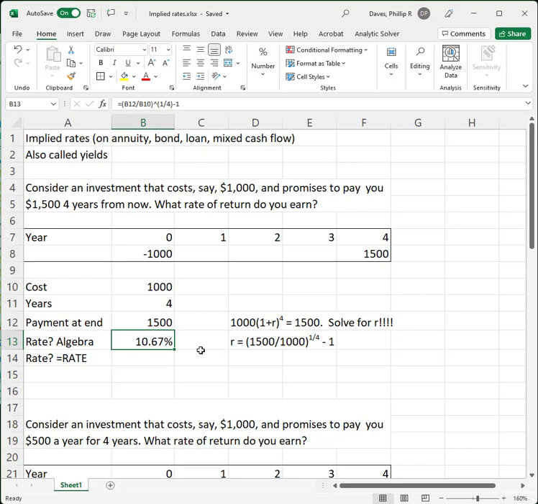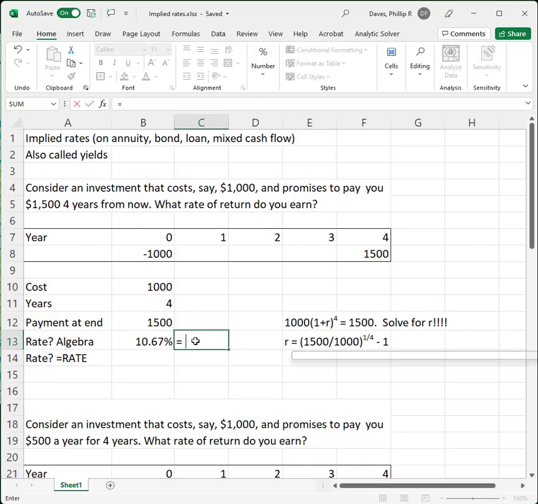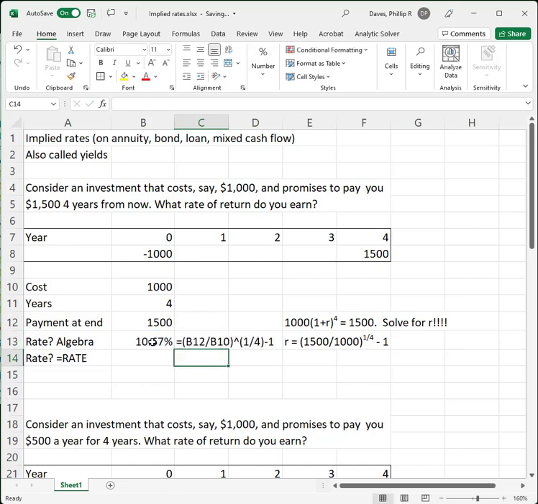Now, I'm going to move these over one so that I can show you the formula. That's the formula that I just entered for you. Perhaps an easier way to do this that doesn't require any 8th grade algebra is to use the RATE function in Excel.